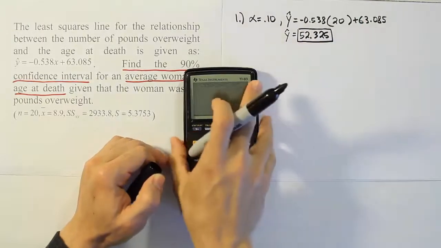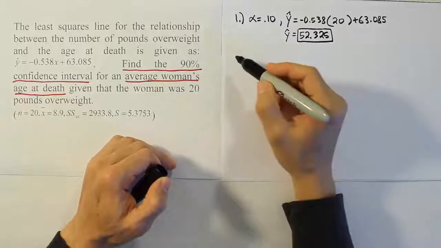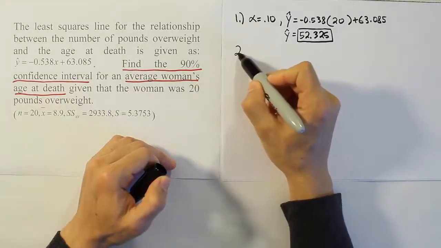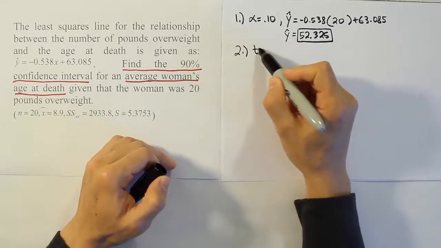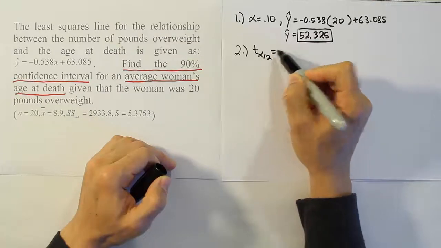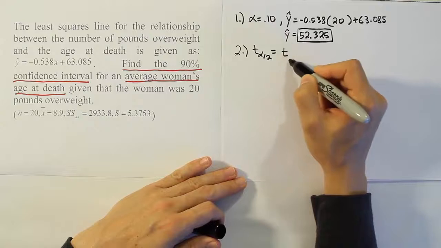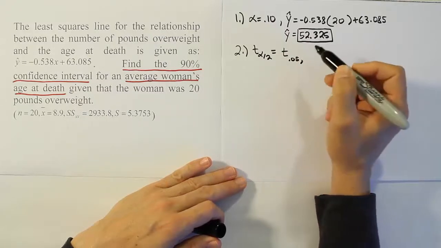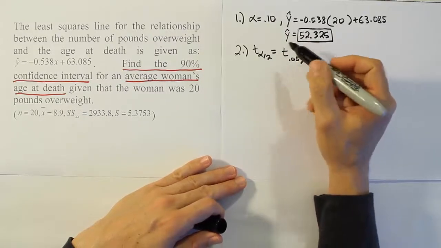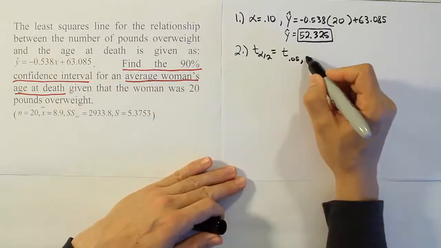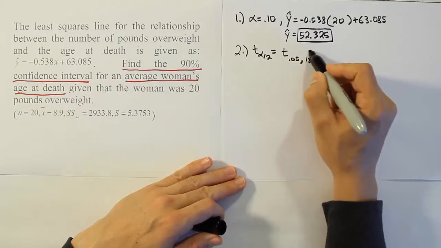In our next step, we want to come up with our critical t table value. So in step 2, we'll do t alpha divided by 2. In our case, alpha divided by 2 would be 5%, so we'll be looking at t.05, and we have degrees of freedom n minus 2. So n is 20, so our degrees of freedom will be 18. Let's look that up.